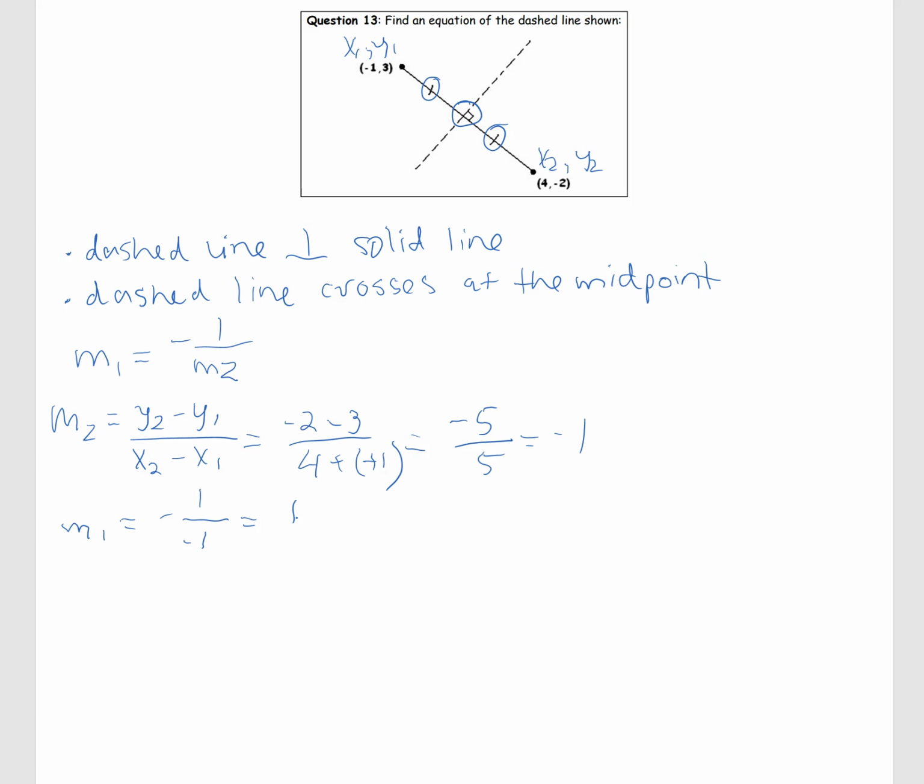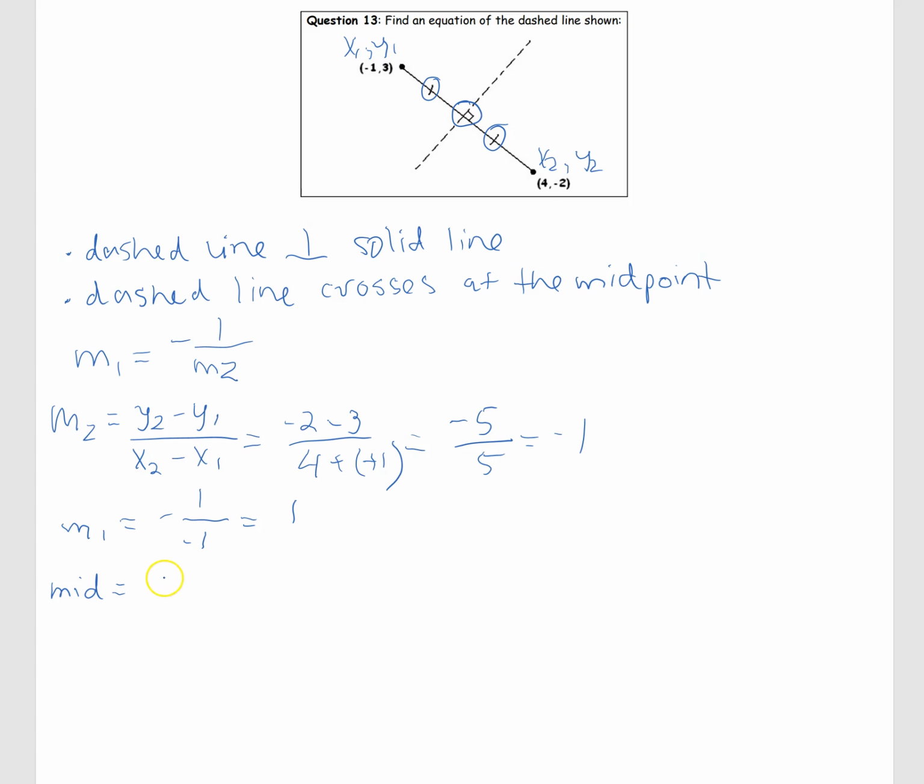And so the next thing we need to do is figure out what the midpoint is, because this is a point on the dashed line, and we can use that to find the equation. The formula for a midpoint is just the average of the x values and the average of the y values.